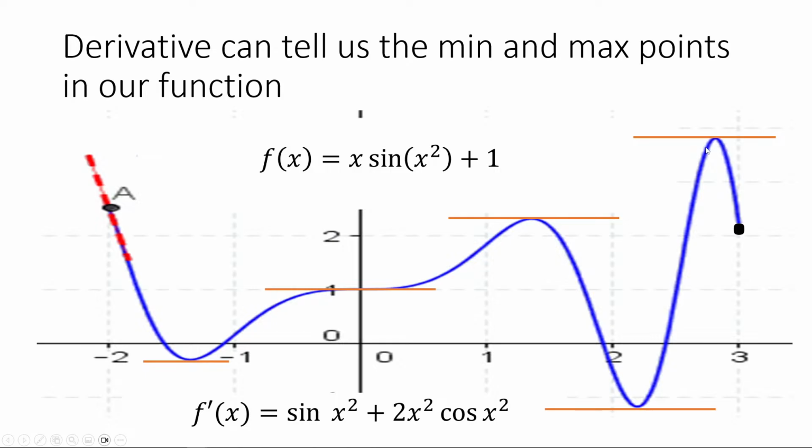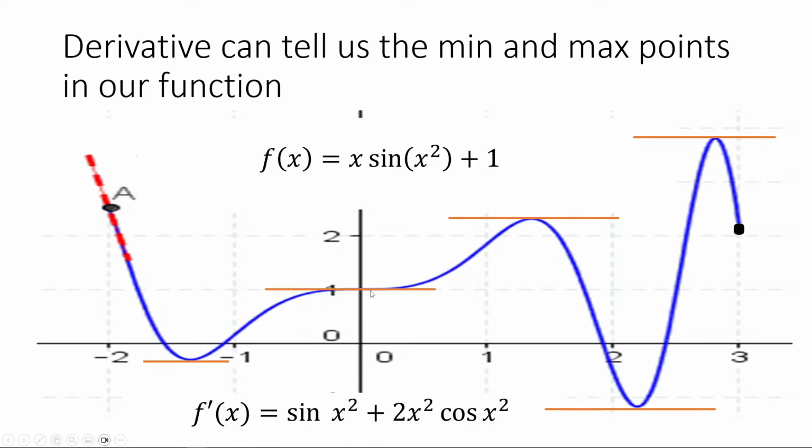You're going up here, and then you're going down here. So you'll be curving down, so the second derivative will be negative, and that would tell you a maximum point.